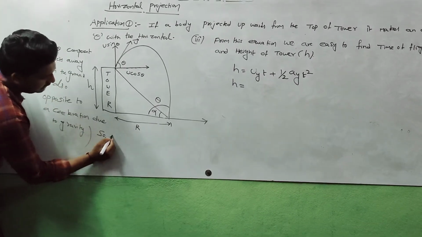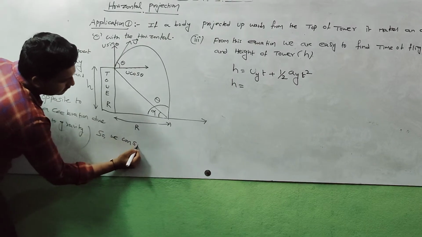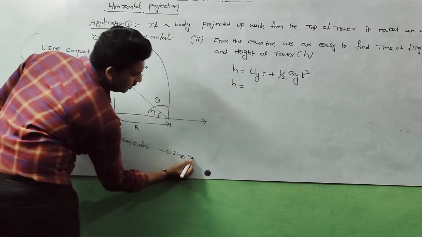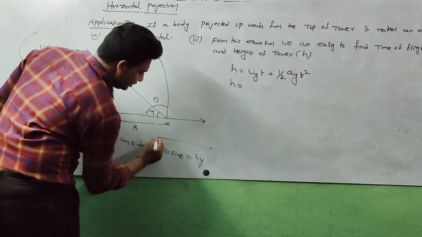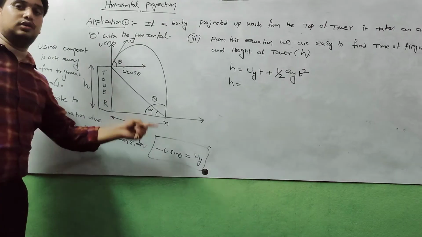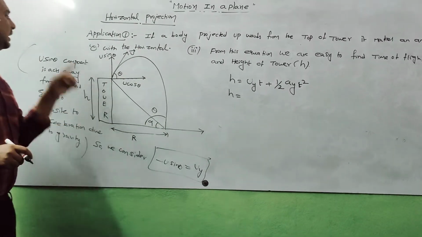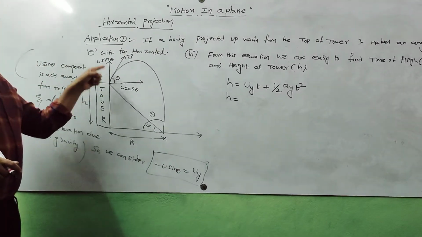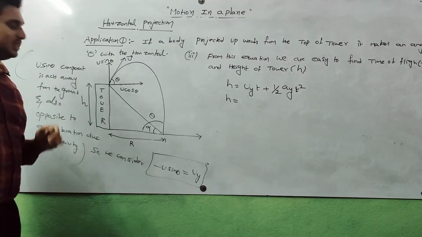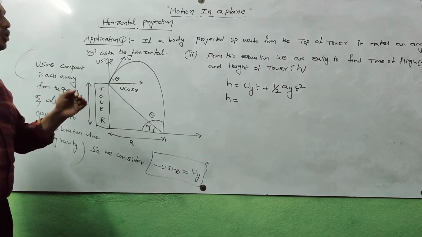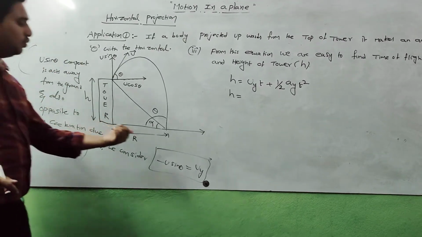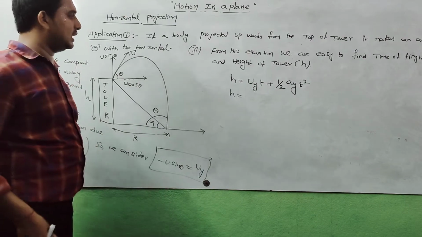So we consider uy is equal to minus u sin theta. This is very important. Why? Because the body is projected upwards, that means it moves away from the ground, and also opposite to the acceleration due to gravity.